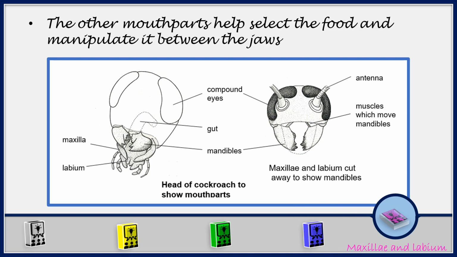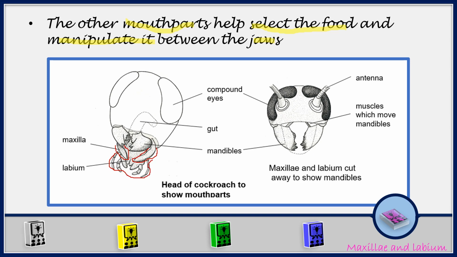Other mouth parts help select the food and manipulate it between the jaws. So the other mouth parts that we have are the maxilla and the labium down here.